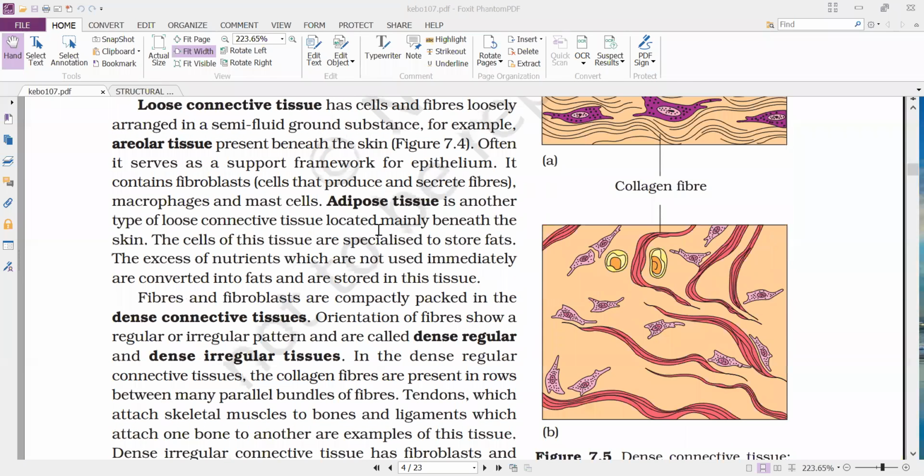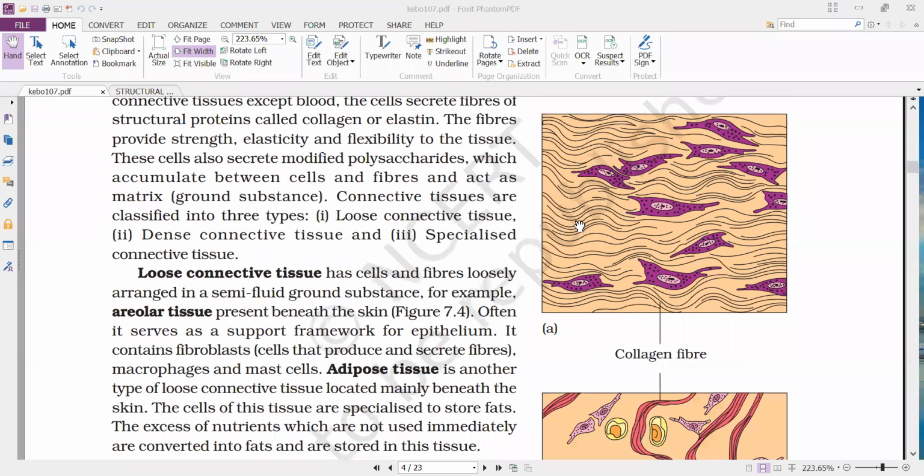We can observe here, these dark wavy lines represent the collagen fibers, and these are the fibroblasts.